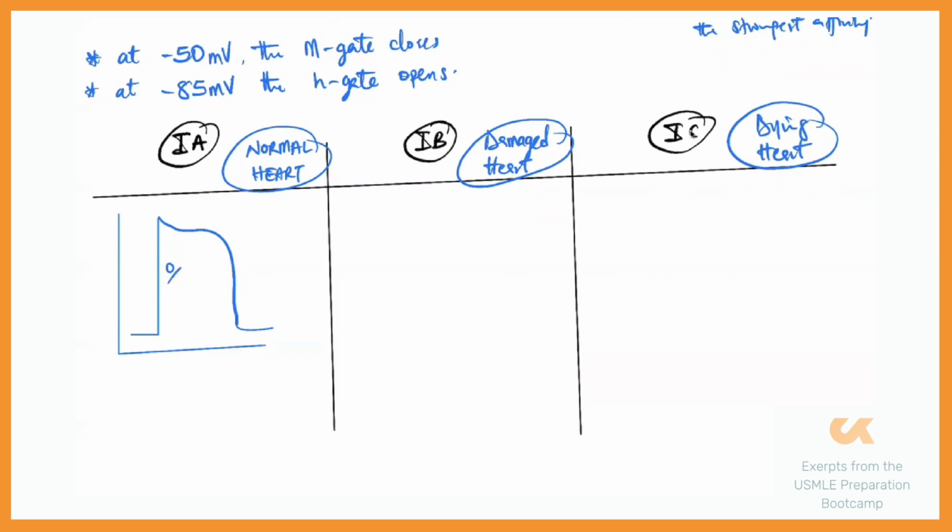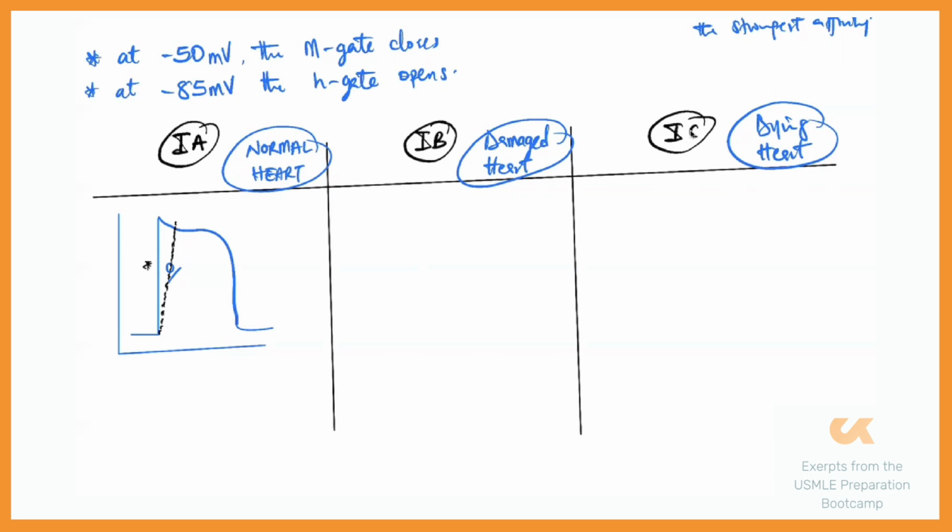Now, when you give sodium channel blockers, what do you expect to happen to the slope of phase 0? You reduce the steepness of that slope, and you're going to have something that looks like this. What you want to know as well is that class 1A antiarrhythmics also have potassium channel blocking effect.